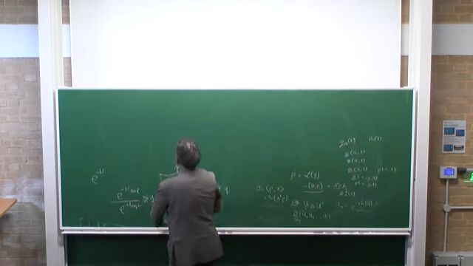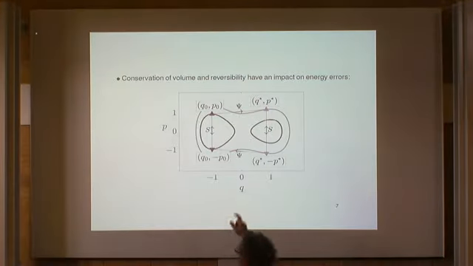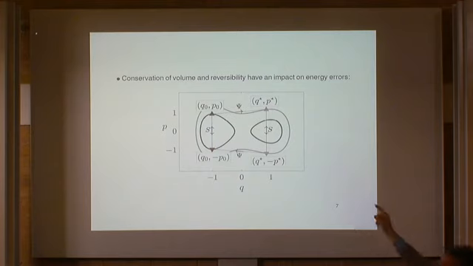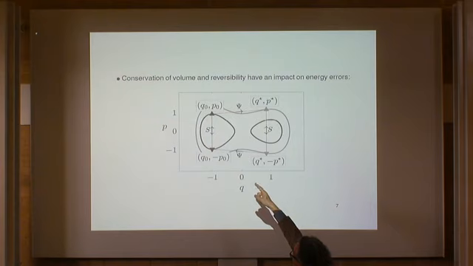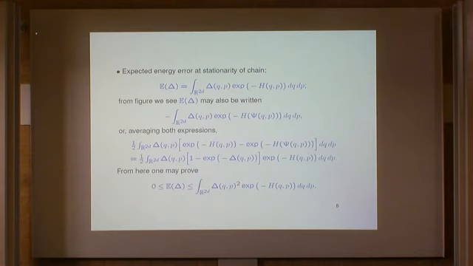This means that when I perform the average, the upper point that starts from lower energy is more likely than the lower one. So I'm more likely, when sampling, to find the point Q0, P0 than this one. So the cancellation is not complete, but there's a lot of cancellation. This is a geometric argument that I like, but if you don't like it, you can perform some integrals and changes of variables, and you come to the same thing.